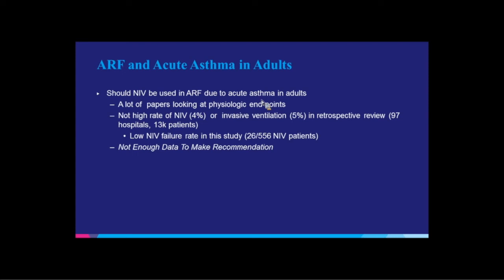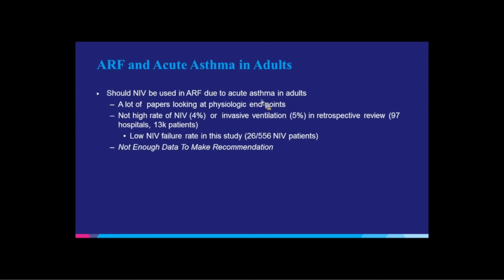They actually say there's not enough data to really make this recommendation. There are a lot of papers studying physiology around it, but they don't consider that clinical outcomes. There's not a high rate of what we can term adult asthma causing acute respiratory failure to this degree where you need to consider non-invasive or invasive mechanical ventilation.